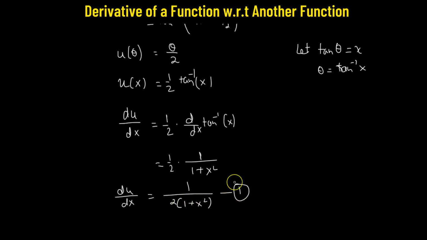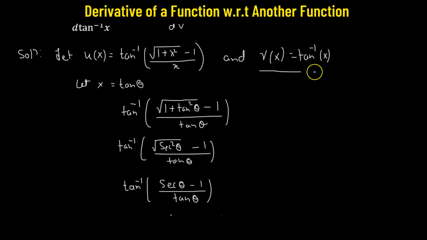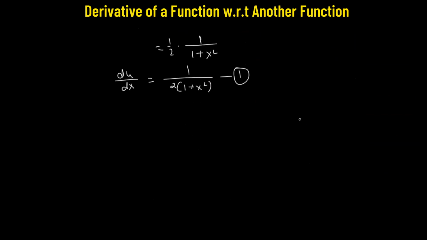Let's label this as number 1. Now going back to v, we consider v of x to be inverse tangent of x. The derivative of v with respect to x will be equal to 1 over 1 plus x squared. This is number 2.